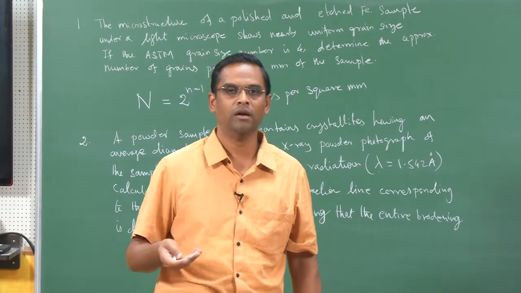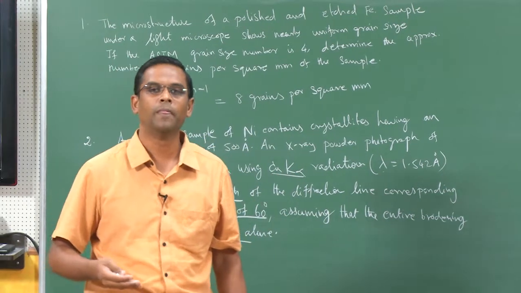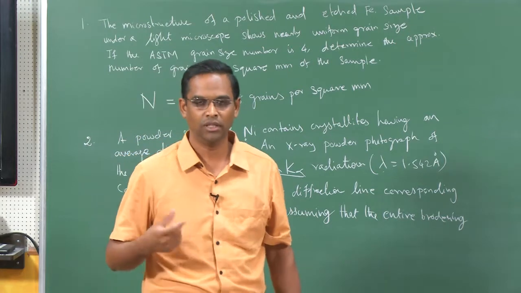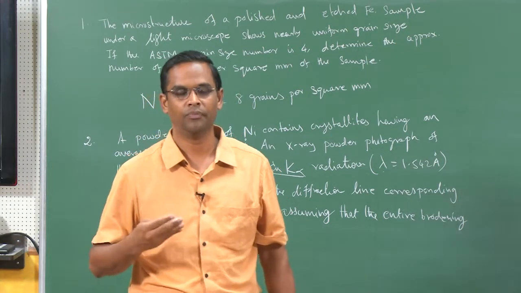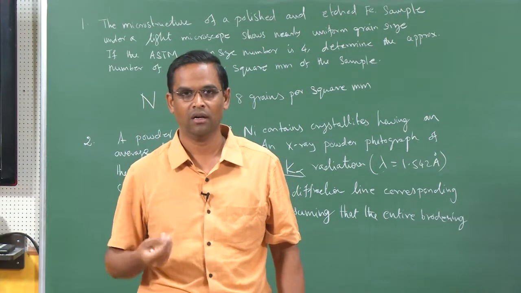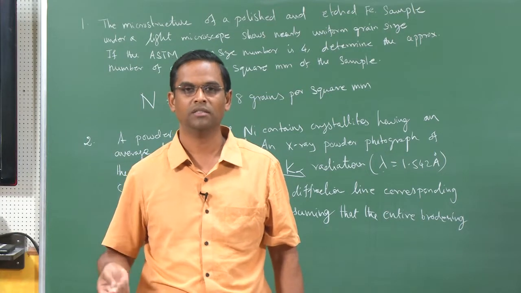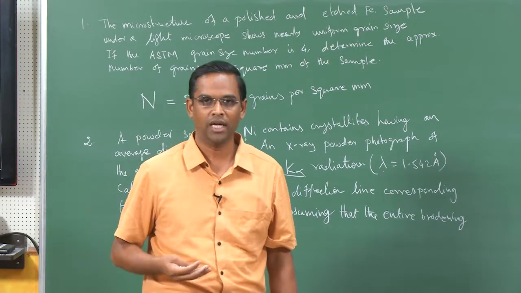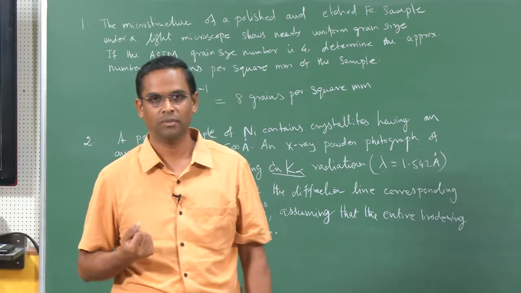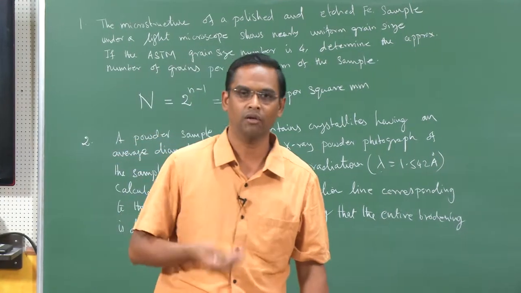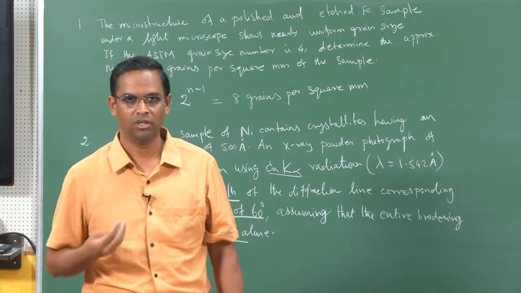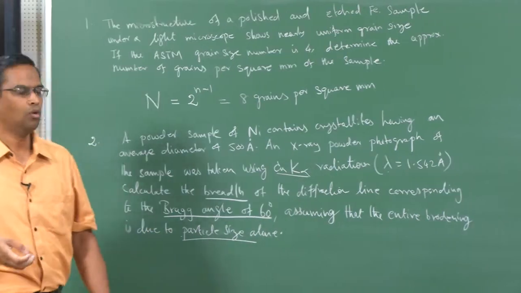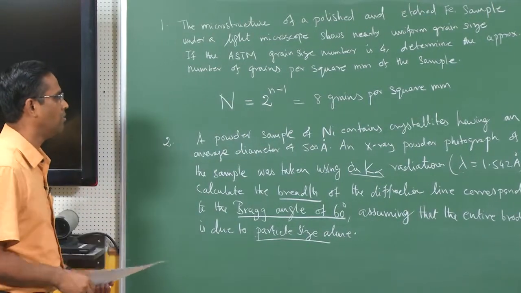We have demonstrated how to separate these effects on the X-ray line broadening. You can use the Williamson-Hall plot method to find out accurately the contribution of strain and particle size.